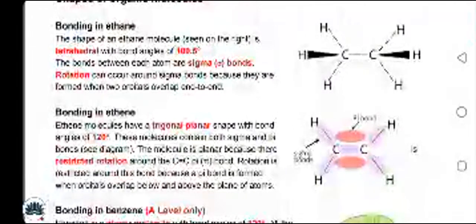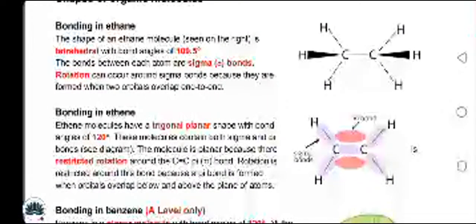Bonding in ethene. The ethene molecule has a trigonal or triangular planar shape with a bond angle of 120 degrees. These molecules contain both sigma and pi bonds. See the diagram, as the pi bond and sigma bonds are visible to you. This we will also understand in chemical bonding, covalent bonding.